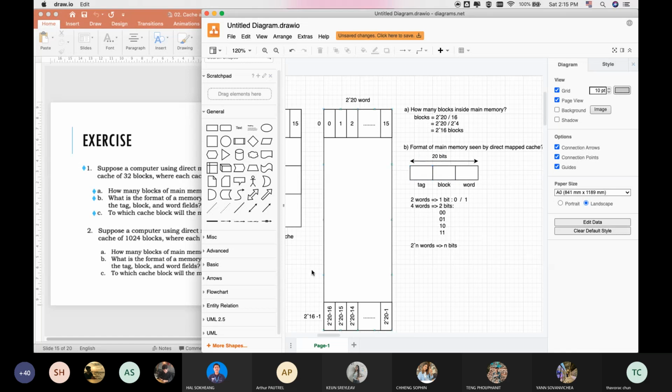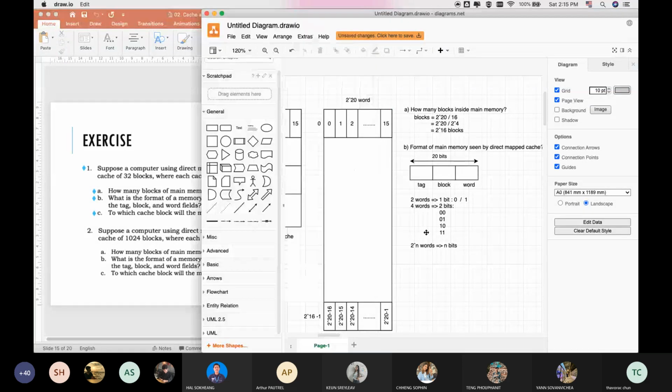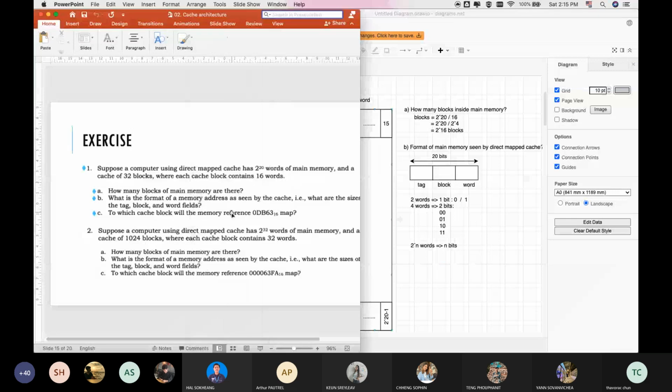Okay. So from our question here, each block contains 16 words. So the same rule applies here. In one block we have 16 words. So how many bits do you need to encode each address of those 16 words?